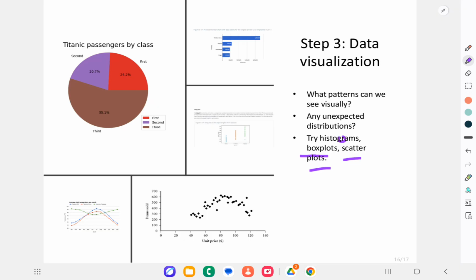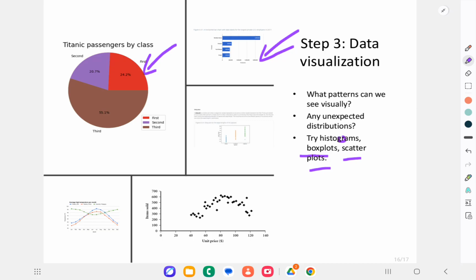If you're working with categorical or nominal features, like the payment methods or the product category, you will want to use things like bar charts or count plots. These help you see which categories dominate and whether your data is balanced or not, and so on. You can also use pie charts and so on.